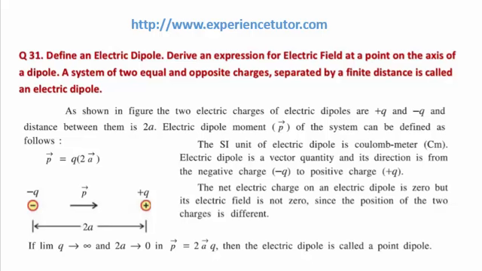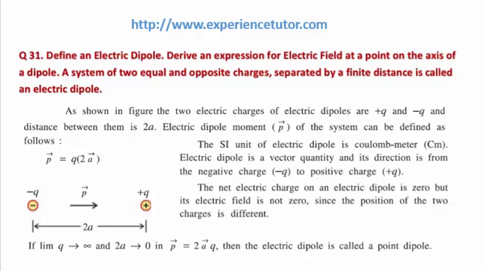Electric dipole moment P of a system can be defined as P is equal to q into 2a. The SI unit of electric dipole moment is coulomb meter, Cm. Electric dipole moment is a vector quantity and its direction is from the negative charge minus q to positive charge plus q.